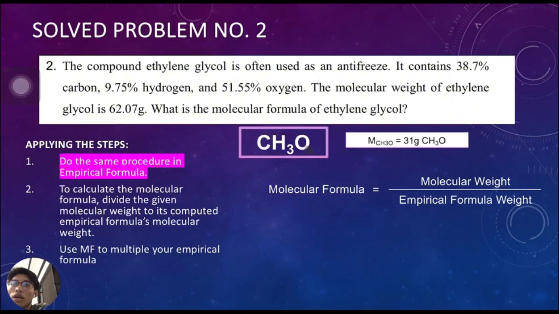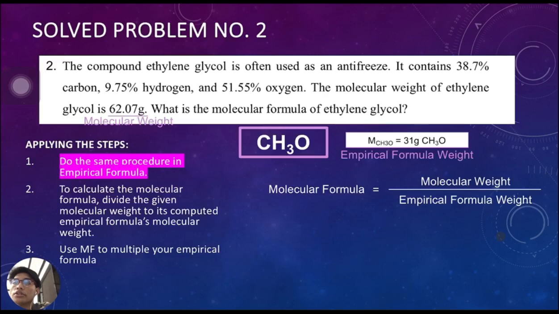To get the empirical formula weight, we know carbon is 12, hydrogen is 1, and oxygen is 16. So 16 plus 3 times 1 is 19, plus 12 is 31. Okay? That's all. Isn't it easy? It's like we're just playing here.